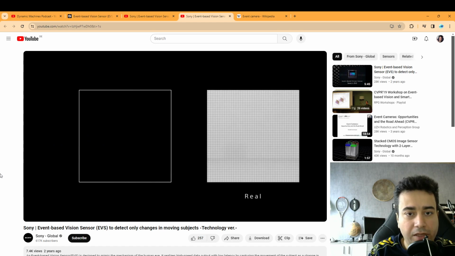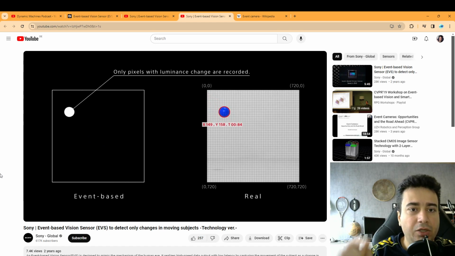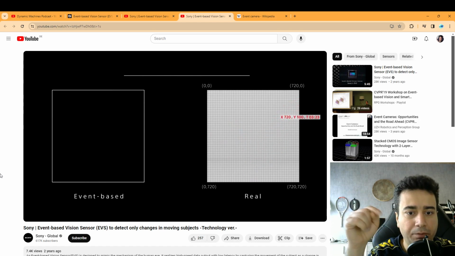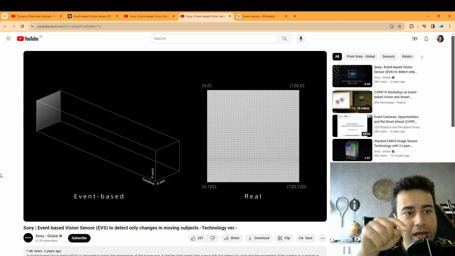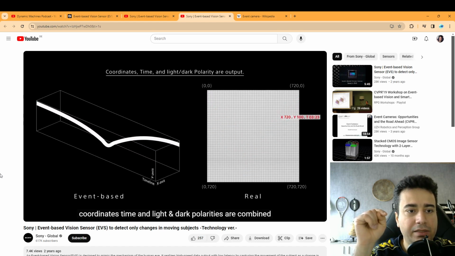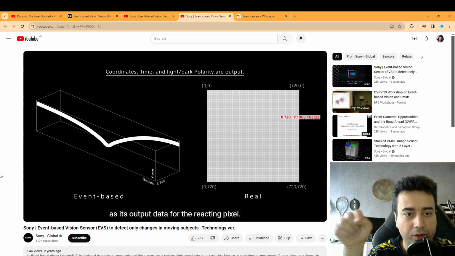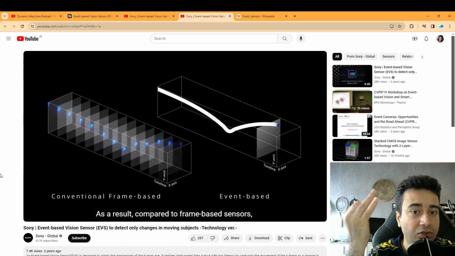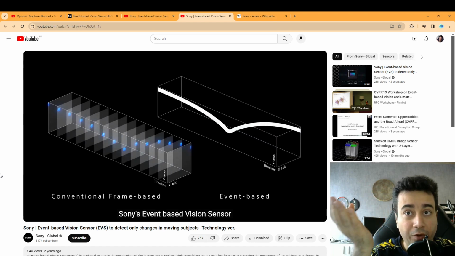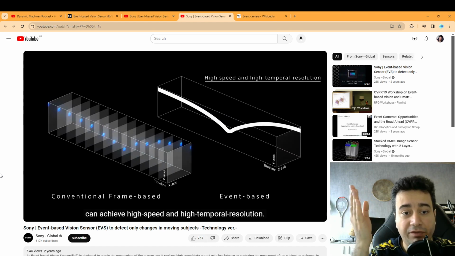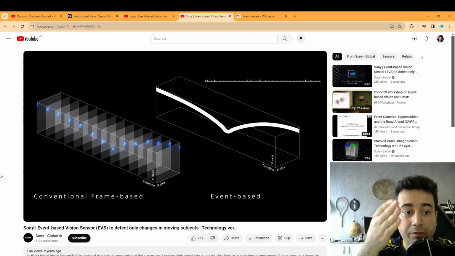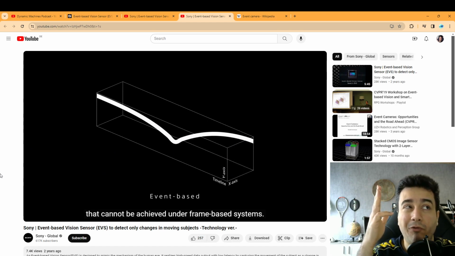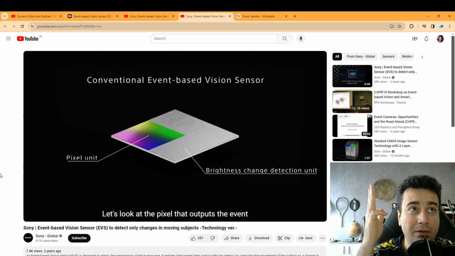But in real time, or event-based, you have this continuous follow-up of the position, and the route or track that the ball goes will be recorded. You have the position and the time, so you know where the ball was at what specific time, which in frame-based you cannot really follow.